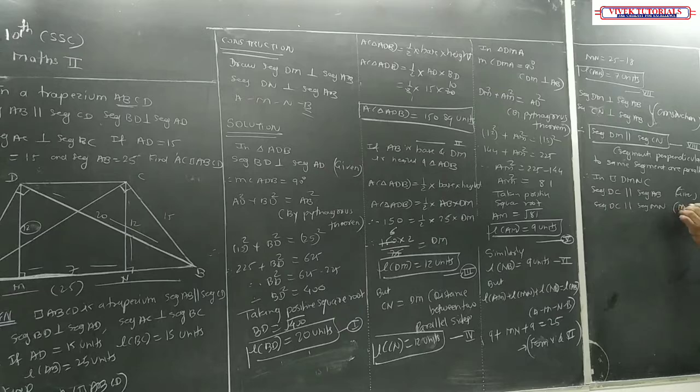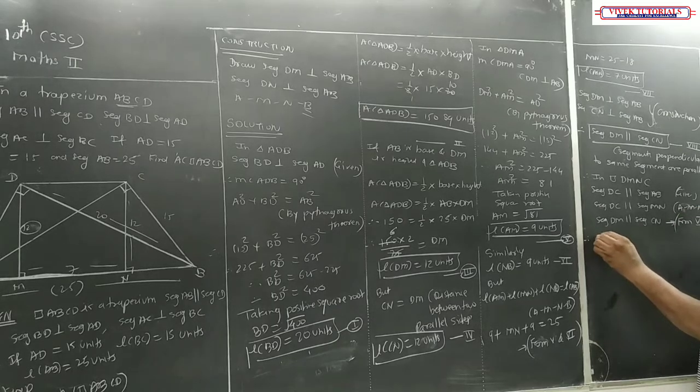The reason is A, M, N and B are collinear points, and segment DM is parallel to segment CN from 8.